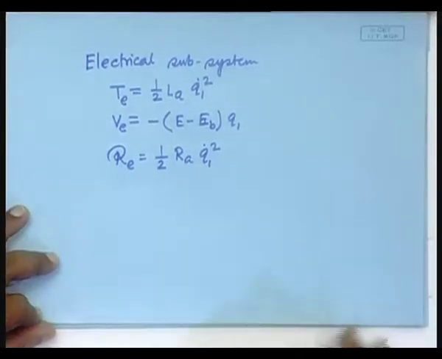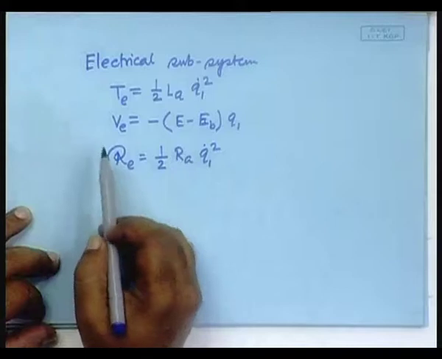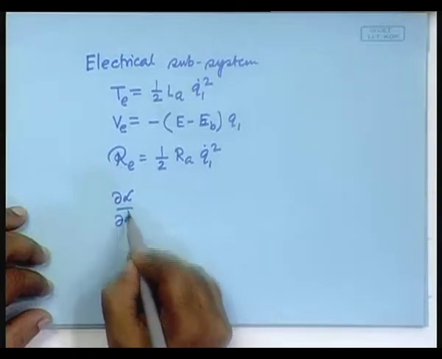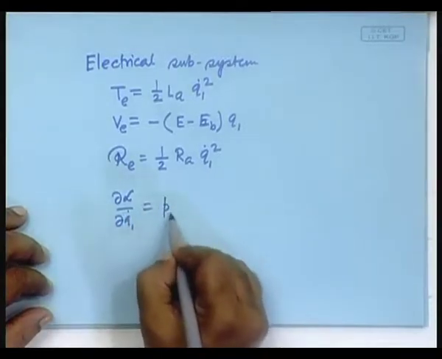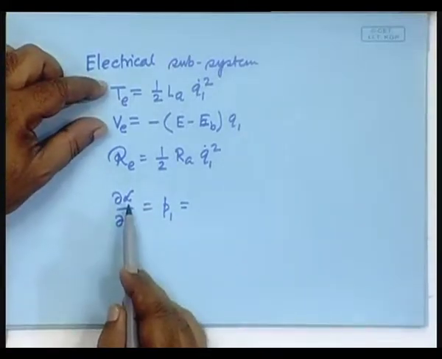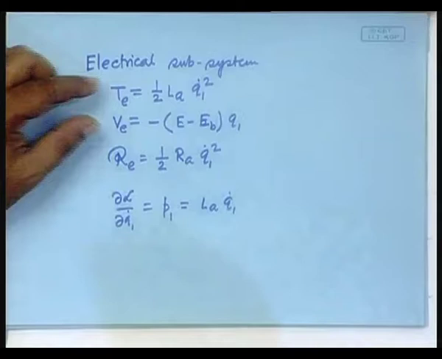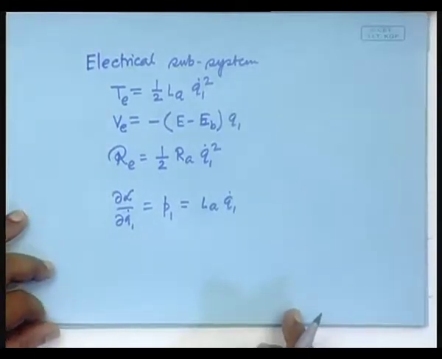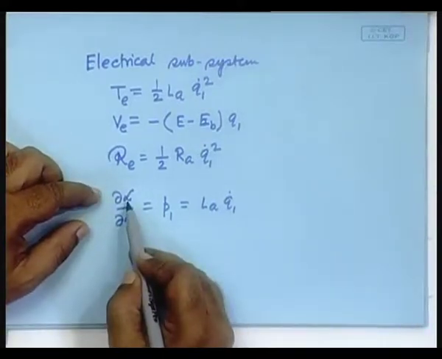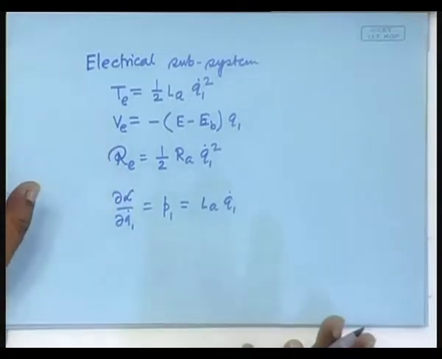From here we can write the momentum. Lagrangian is T minus V. So, P1 is the derivative of only the Lagrangian, the Rayleigh term does not appear.